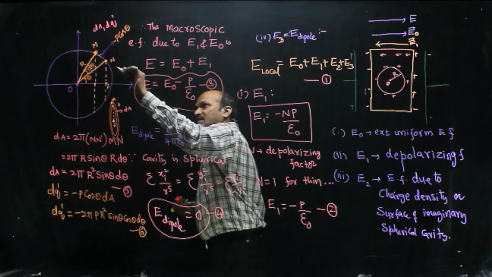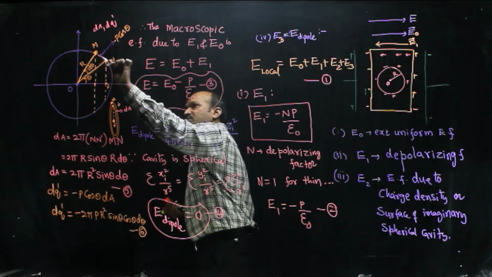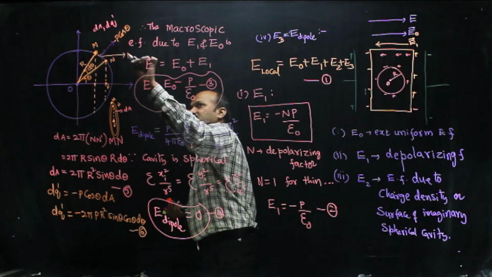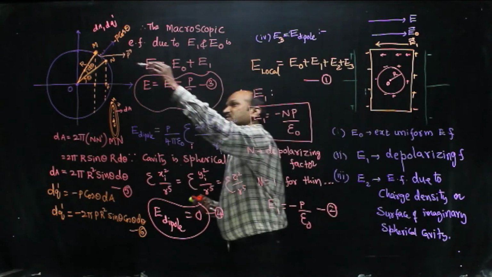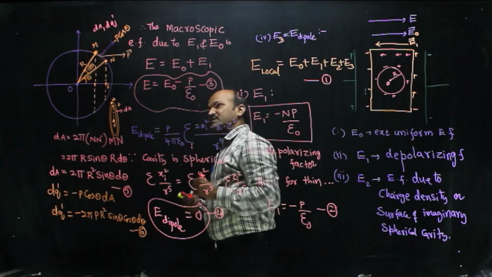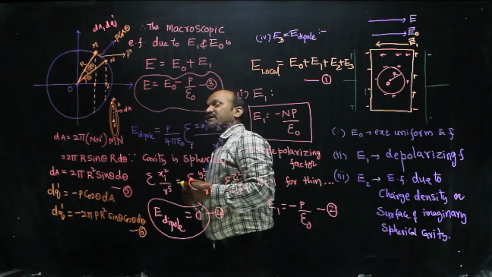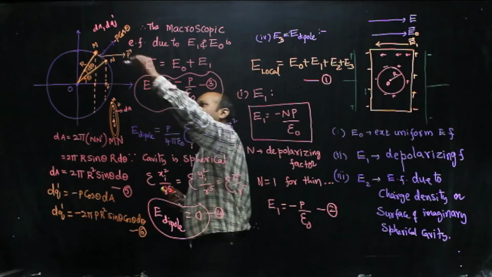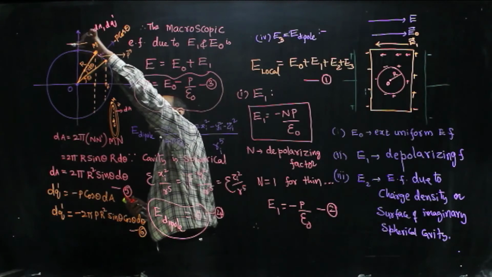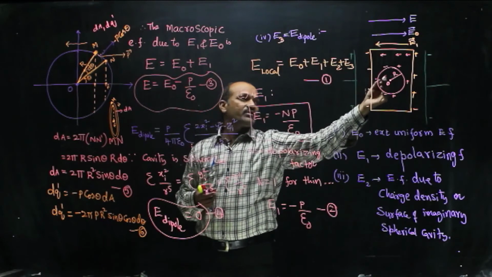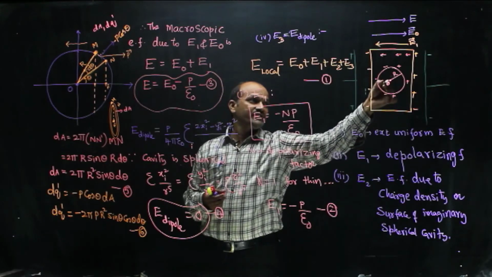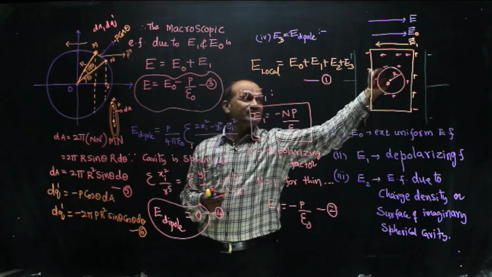The polarization P bar makes angle theta, giving minus P cos theta. Why minus is taken: the depolarizing field is in this direction, because we are calculating the field at O due to the charge density on the cavity.